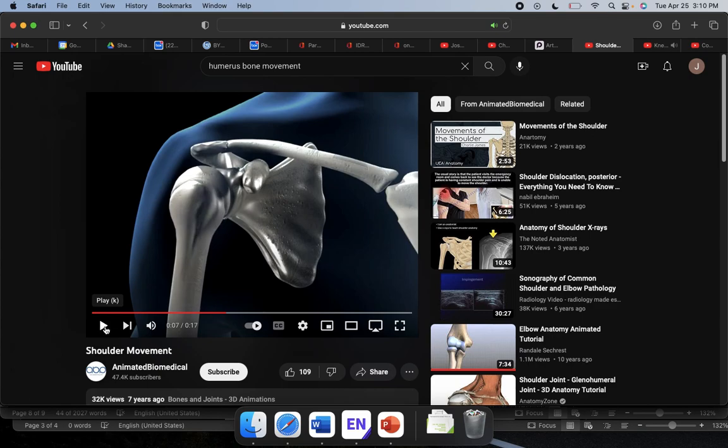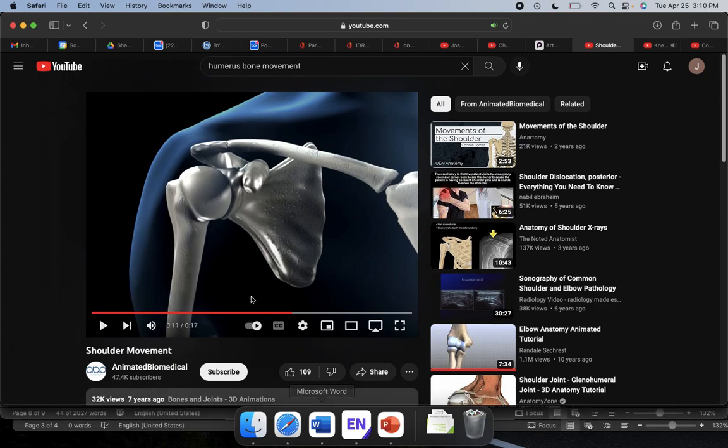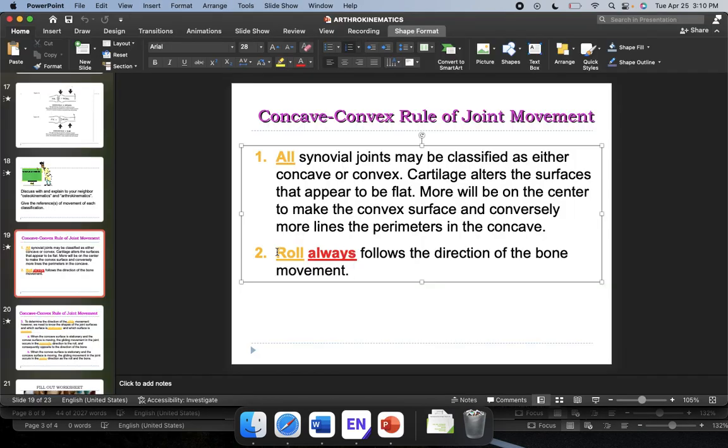Therefore, the roll is anterior. As it moves into external rotation, the bone is moving posterior, so the roll is posterior. I'm going to come back to our slide. Once again, roll always follows the direction of bone movement. That's the first thing to know.